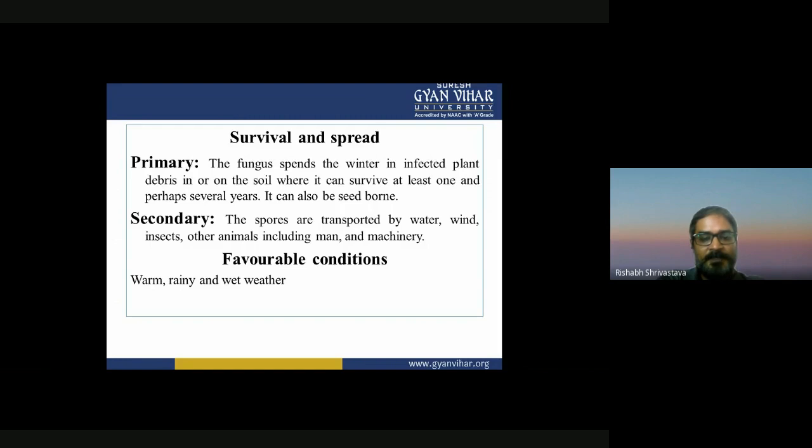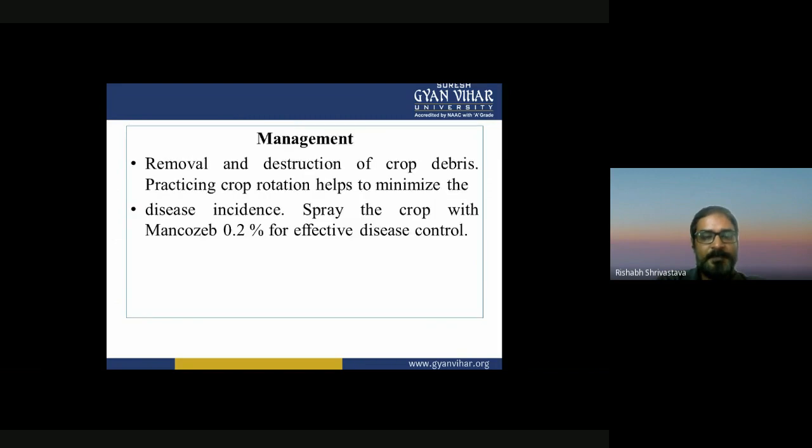Favorable conditions include warm, rainy and wet weather. Management: removal and destruction of crop debris. Practicing crop rotation helps to minimize the disease incidence. Spraying the crop with mancozeb 0.2% for effective disease control.